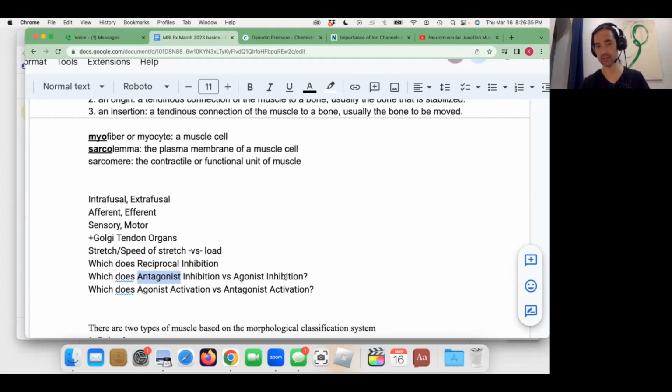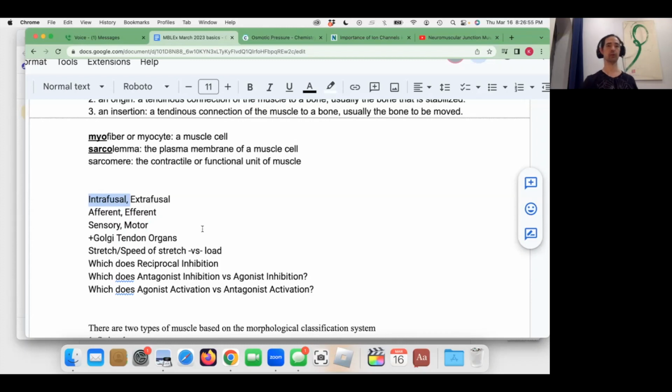The agonist has to be inhibited, in other words, to lengthen or to let go, when the load of something is too heavy. The load is detected by the Golgi tendon organs. The stretch or the rate of stretch is detected by the intrafusal muscle fibers.